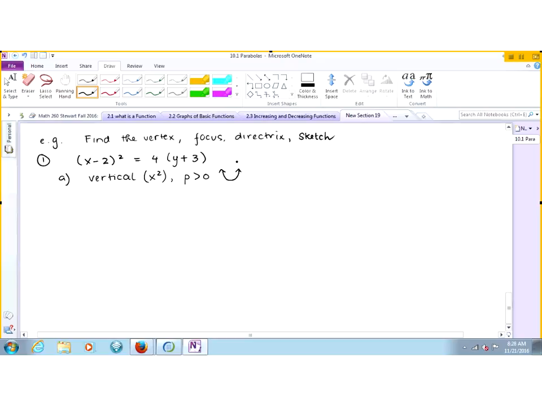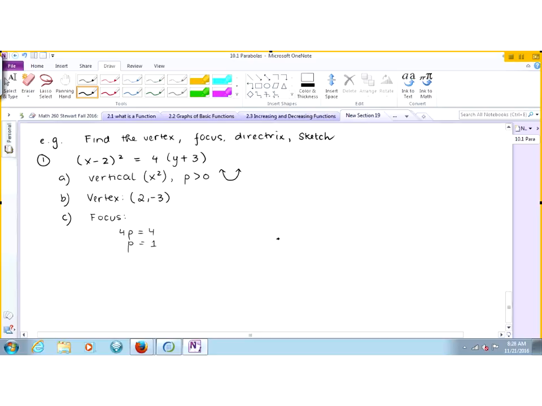What is your p? Your p is positive 1. So, the vertex: 2 comma negative 3? Yes. Then we try to find the focus. Well, we have 4p equal to 4, so p is equal to 1.